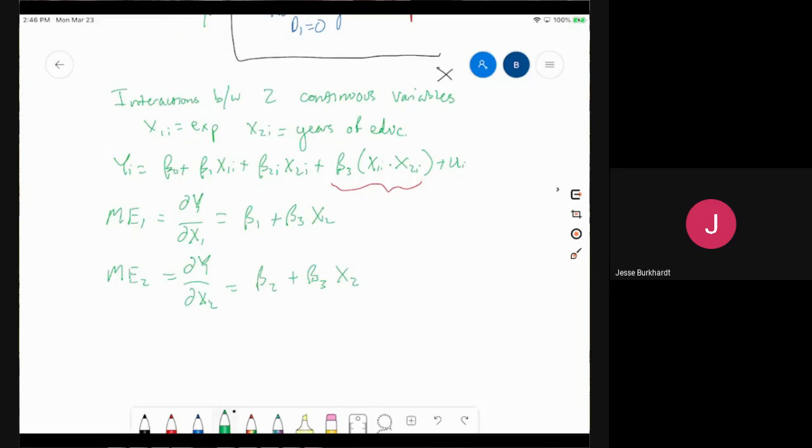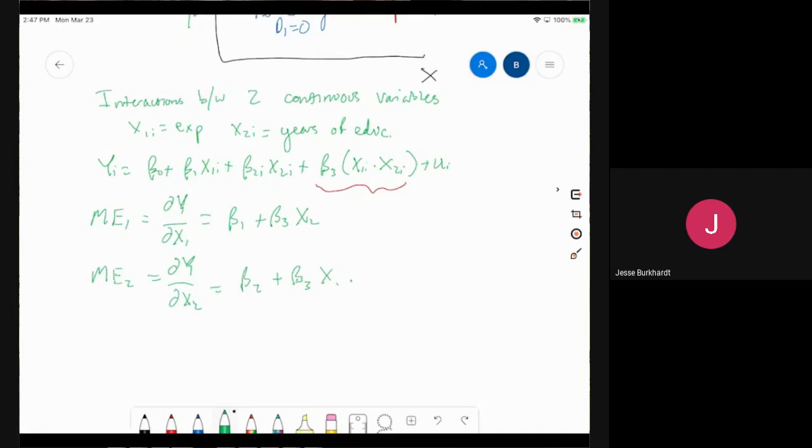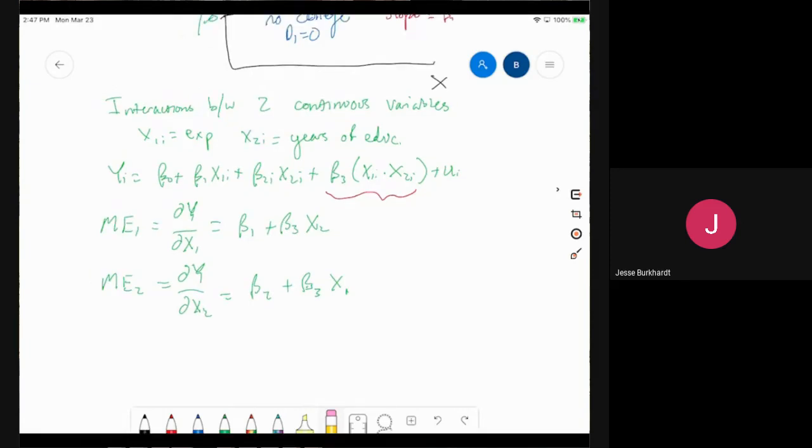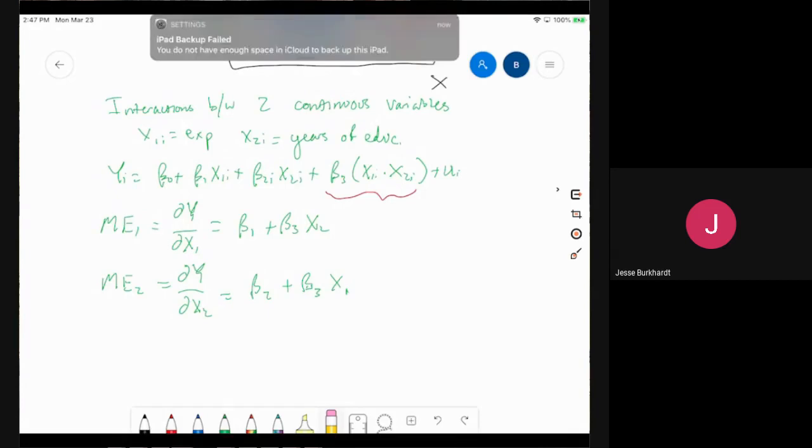Sorry. No. Depends on the level of education. Okay. The marginal effect of education depends on the level of experience. Great.